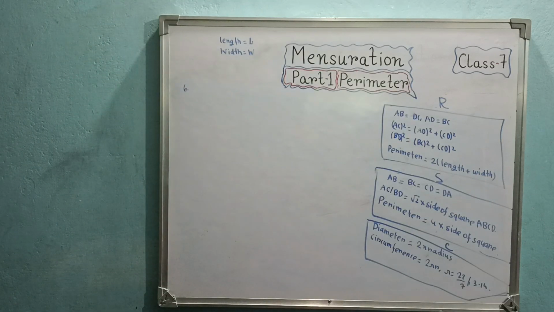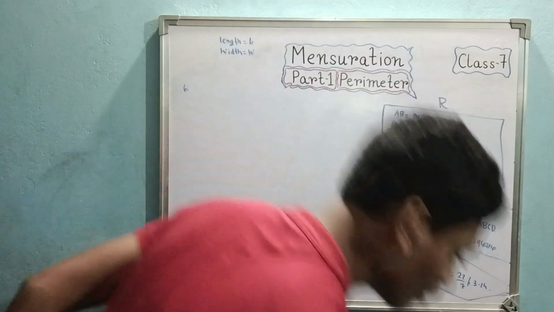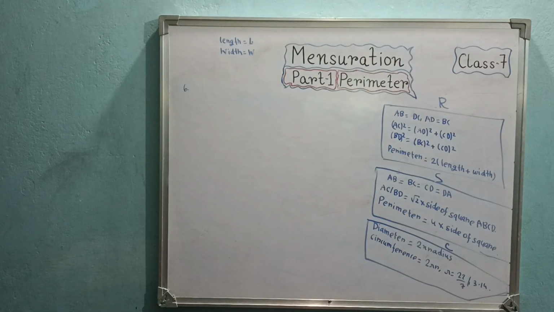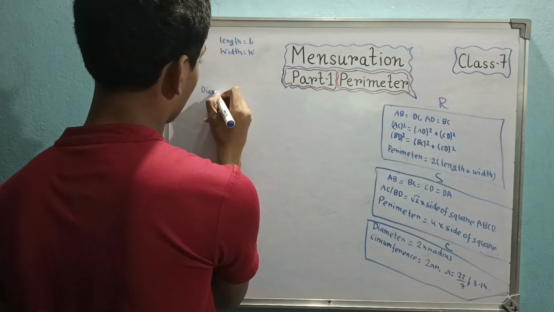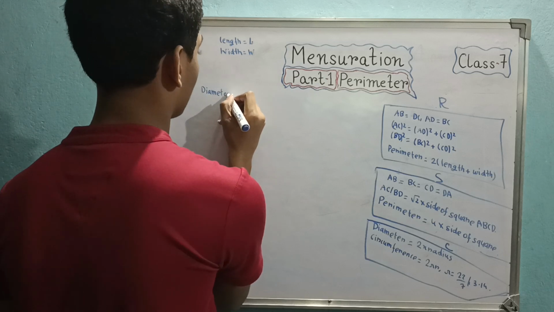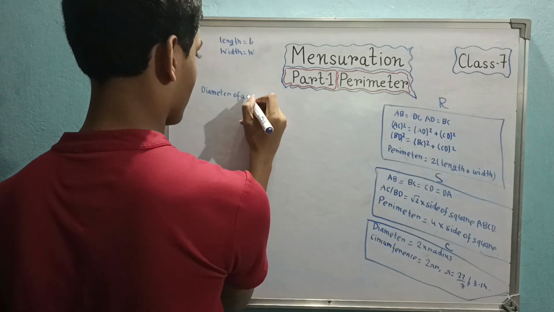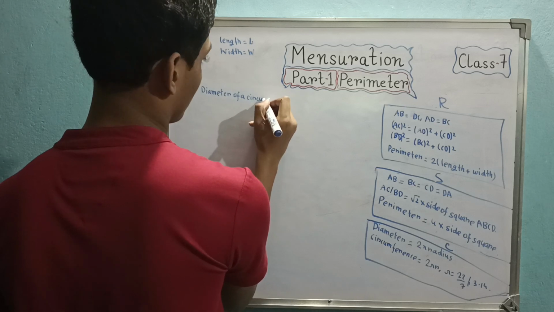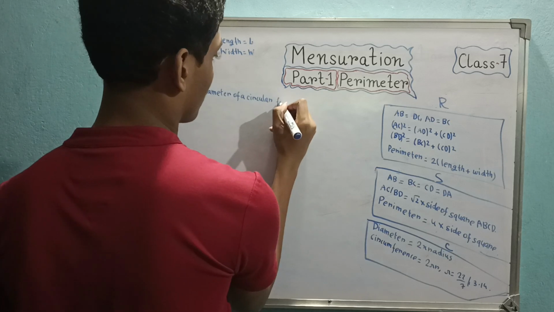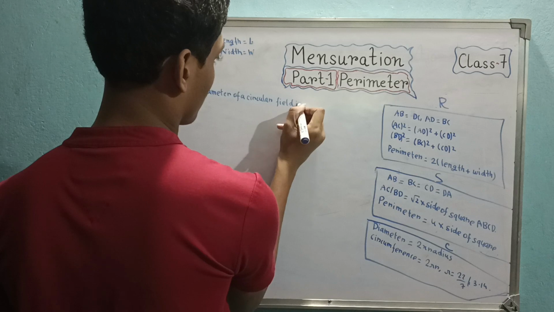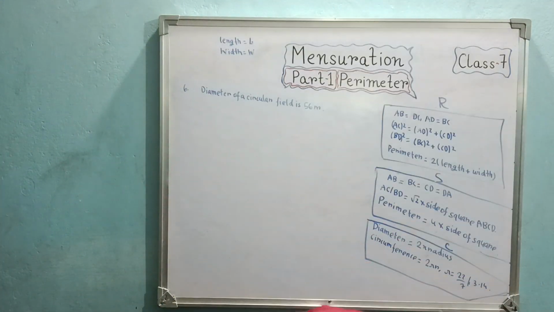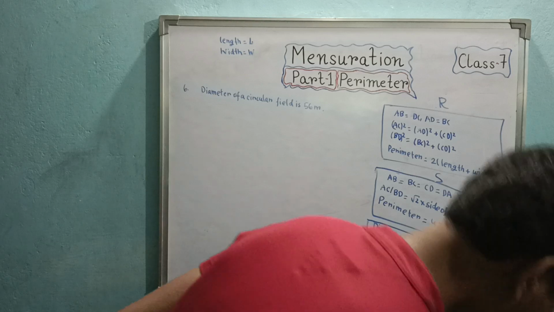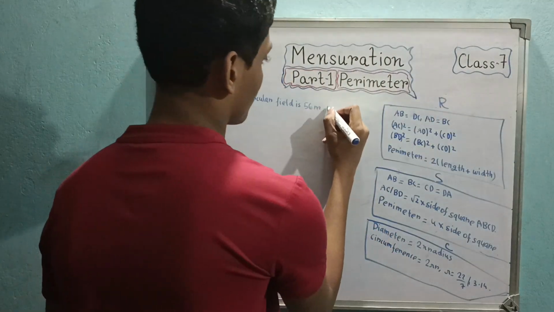Six. Diameter of a circular field is 56 meter. Find its circumference.